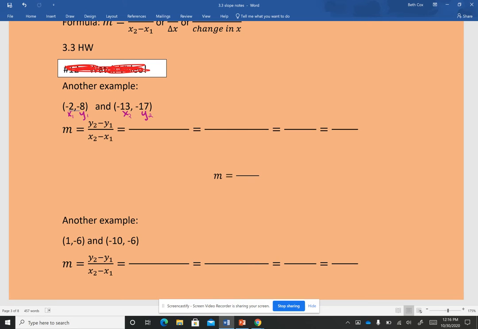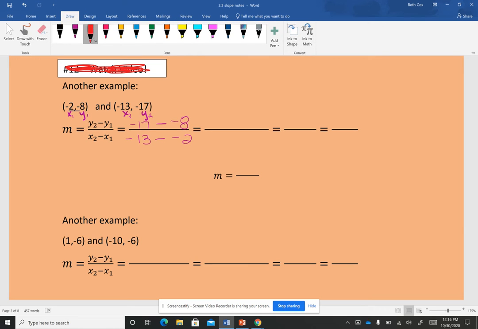Okay, and so when we put these in the formula, it starts with y2, so it's going to start with negative 17 minus negative 8. And then the x's, x2 is negative 13 minus negative 2. Now remember, there's a minus in the formula.